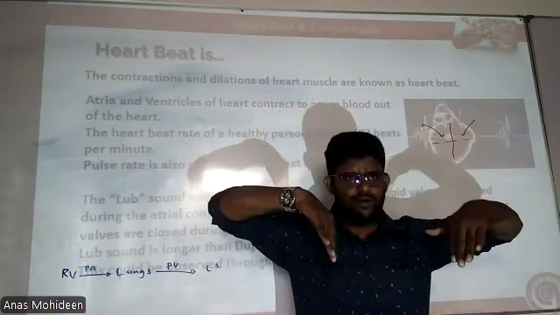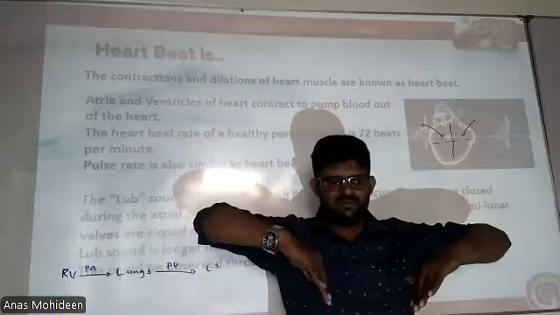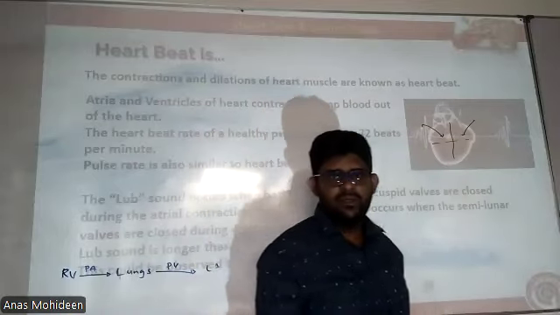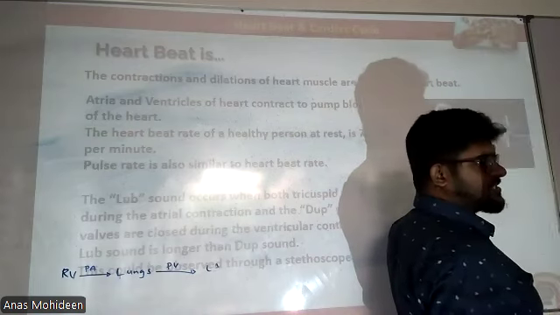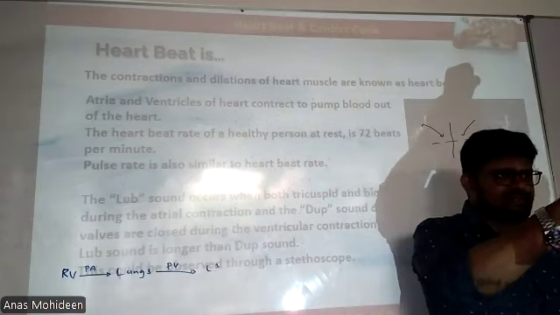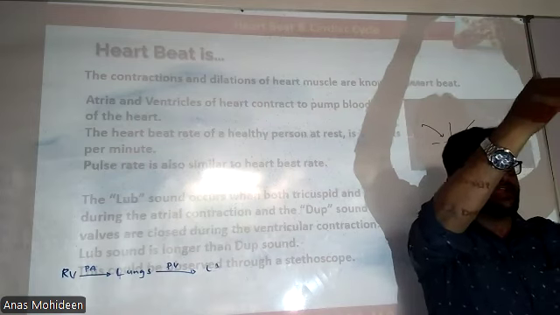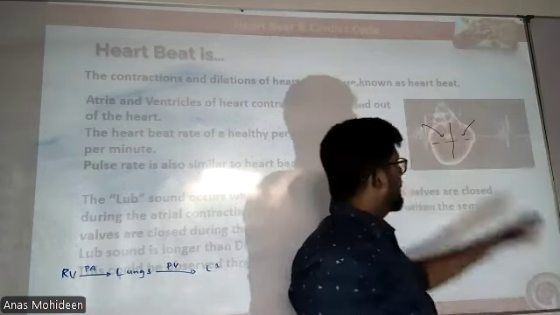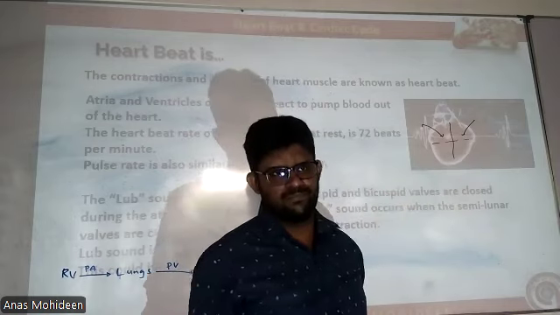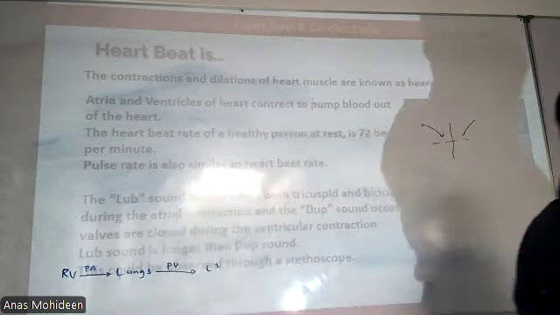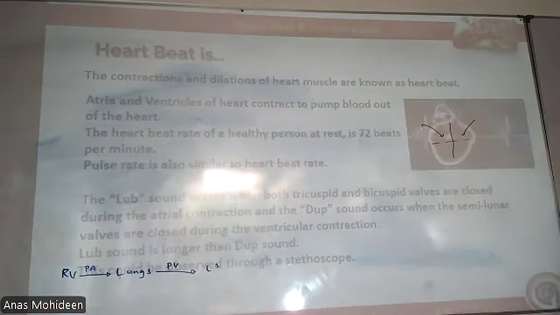The valve opens only in one direction, and once the blood has passed, the valve closes. When the left atrium contracts, oxygenated blood passes to the left ventricle, and the bicuspid valve closes. Both the cuspid valves, tricuspid and bicuspid, close at the same time.